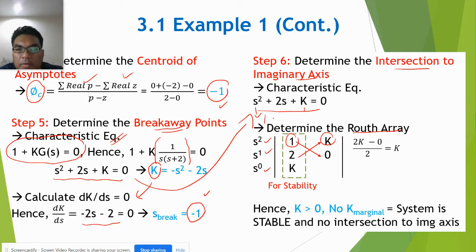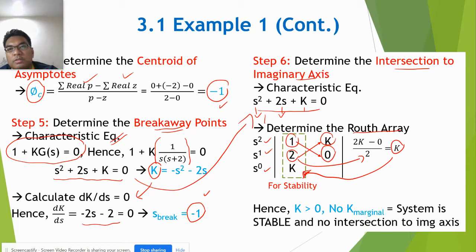For s to the power of 1, you have a value of 2 here, and you skip, there is no value, so you put a 0. Then the solution here is 2 multiplied by k minus 1 multiplied by 0, which is 0, divided by the value of 2, so that you get k. So this is basically the end of the calculation for the Routh array.